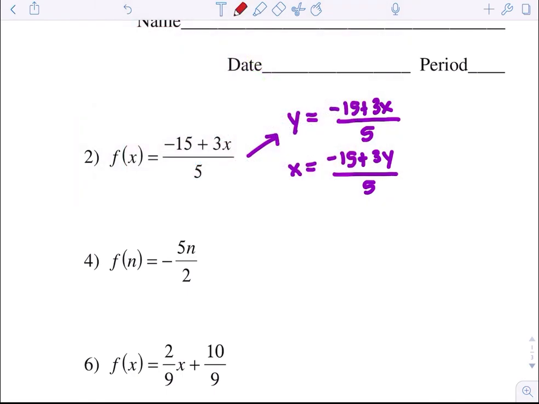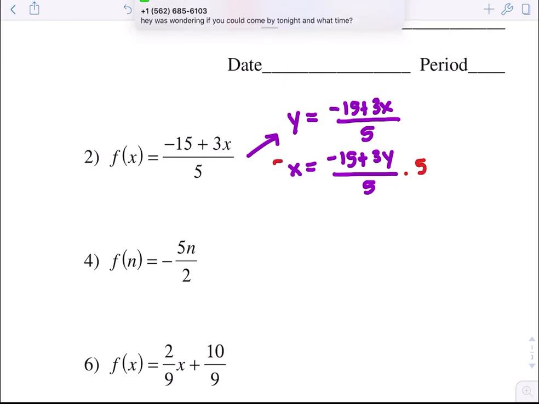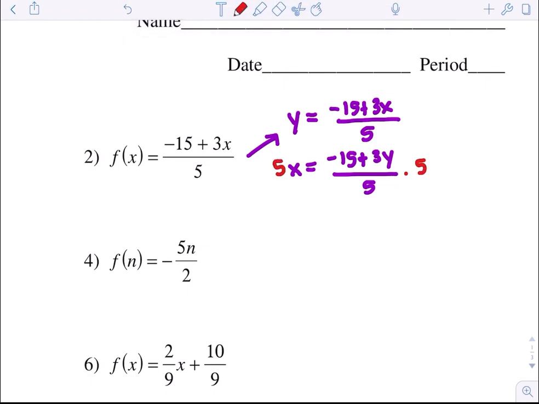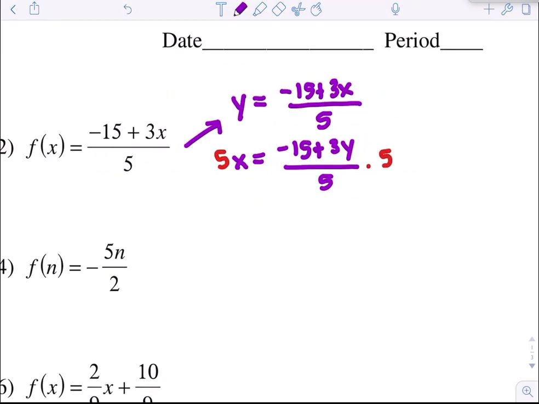So we're going to multiply both sides by 5. So we're going to get 5x is equal to, these cancel, negative 15 plus 3y.